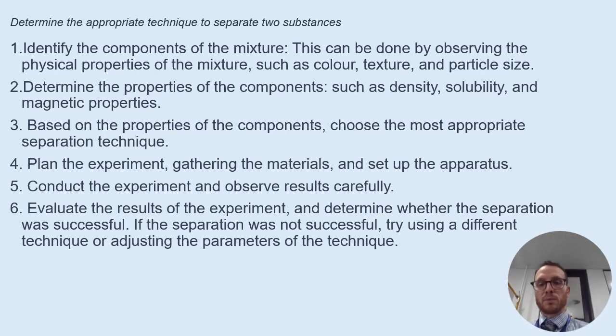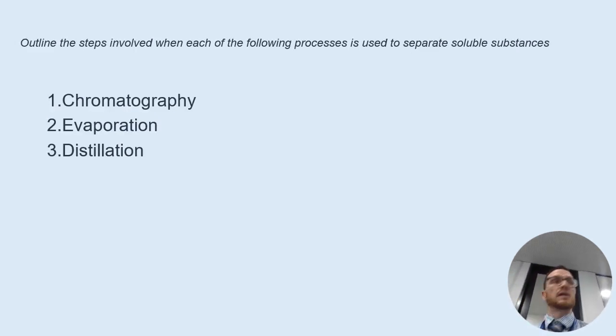We identify the components of the mixture, identify the properties. For example, if it's magnetic, we're going to be using magnetic separation. Based off the properties of the substances, we choose the most appropriate technique. Plan the experiment, right? So there's design involved. Conduct and then evaluate our results. Leave it there for today.